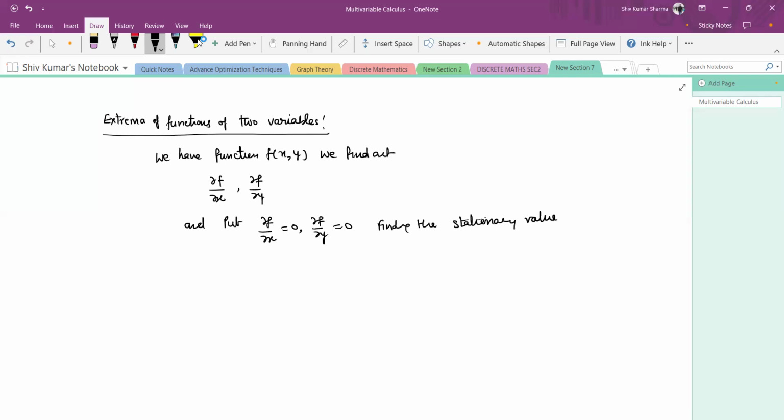So the points or the values are a and b.